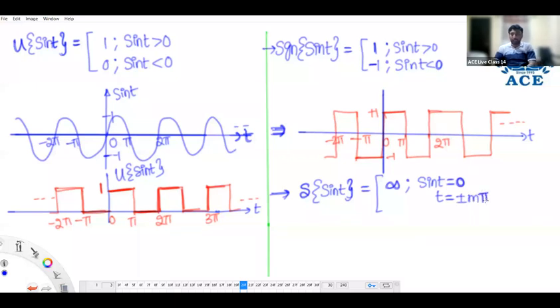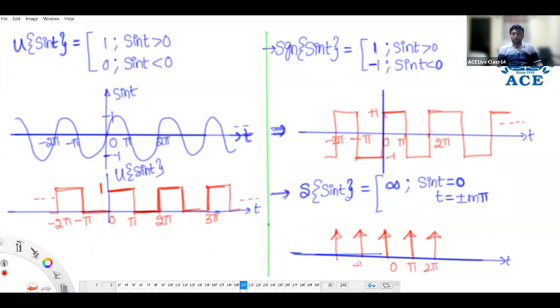Integer multiples of pi. So what is the graph now? We are taking a stream of impulses which are occurring at integer multiples of pi.